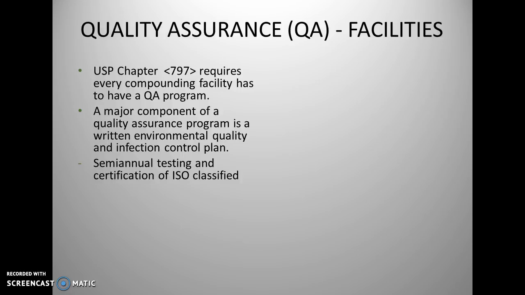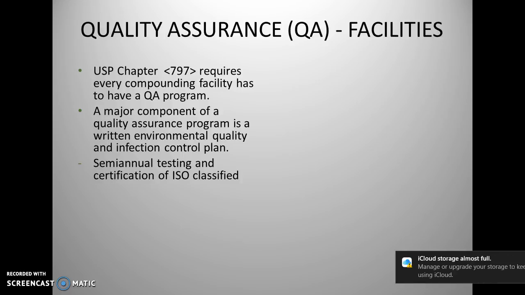The room in which the compounding is done should be mopped daily, and then the entire room cleaned at least weekly. And where you have the materials that you're going to use for compounding, that should be sterilized and cleaned at least monthly.